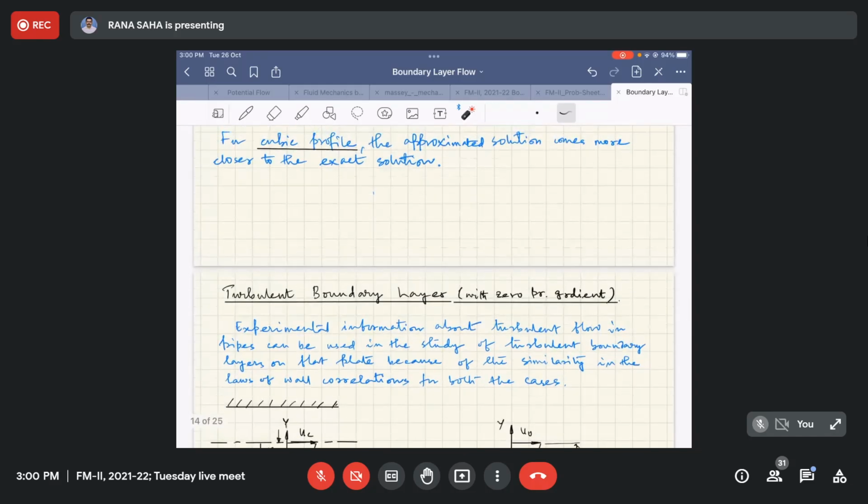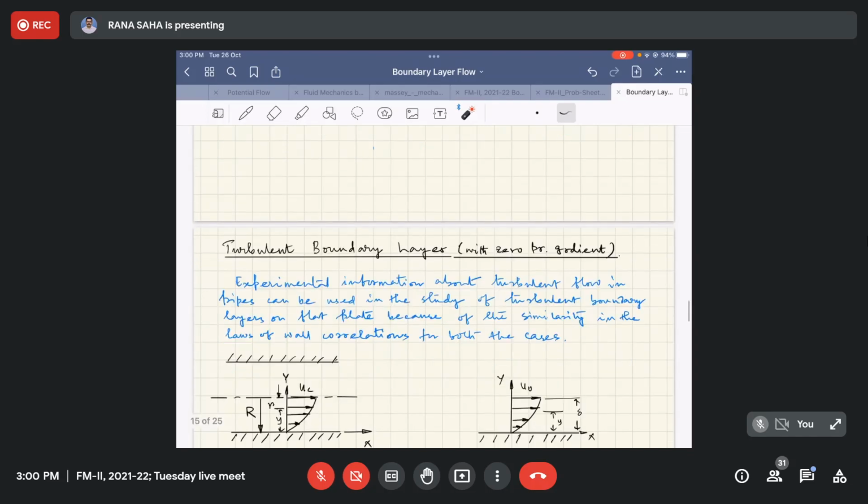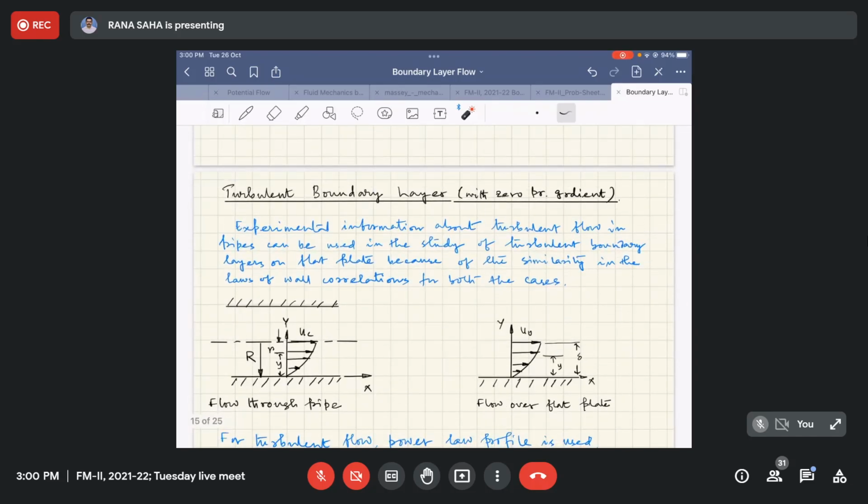So that is one part of our application of the momentum integral equation. Then we extended the same exercise for turbulent flow, because this momentum integral equation can also be applied for the turbulent boundary layer.